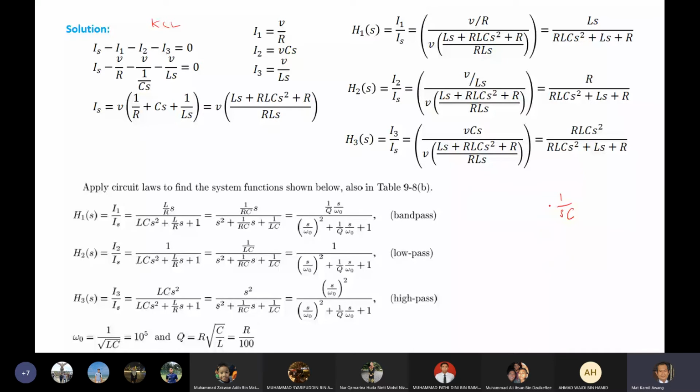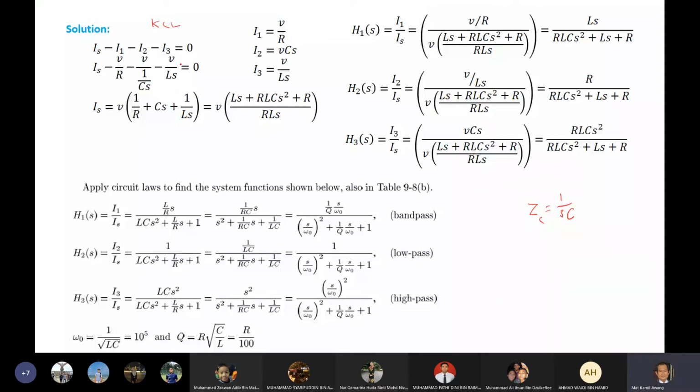This is the impedance of the capacitor. So I is voltage divided by the impedance of the capacitor. Therefore I2 is V times CS. This is the current through the capacitor, the voltage divided by the impedance of the capacitor.